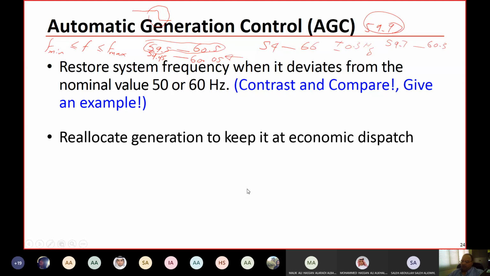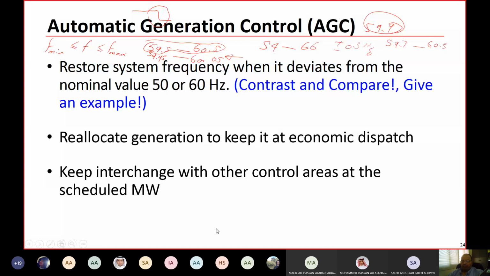If you have an increase of load of 100 megawatt, again, how to distribute this 100 megawatt among the generators. The generator was 60, now we raise it to 63 or 65 or 70, and the other one and so on. So we need to keep the system operating at economic dispatch.